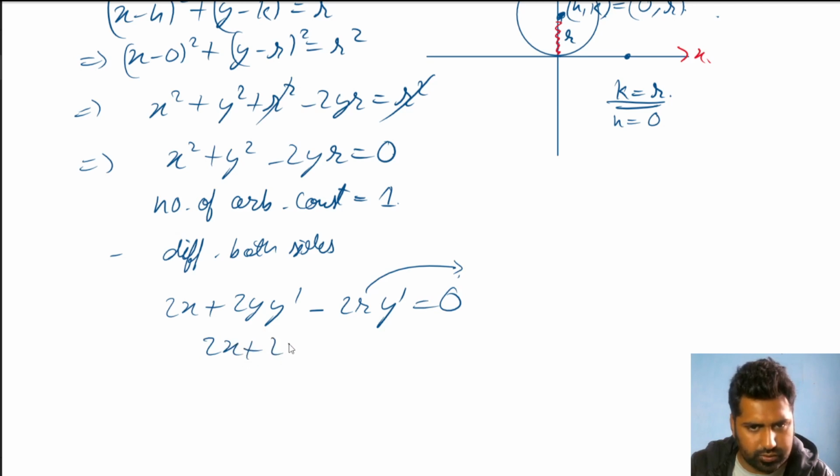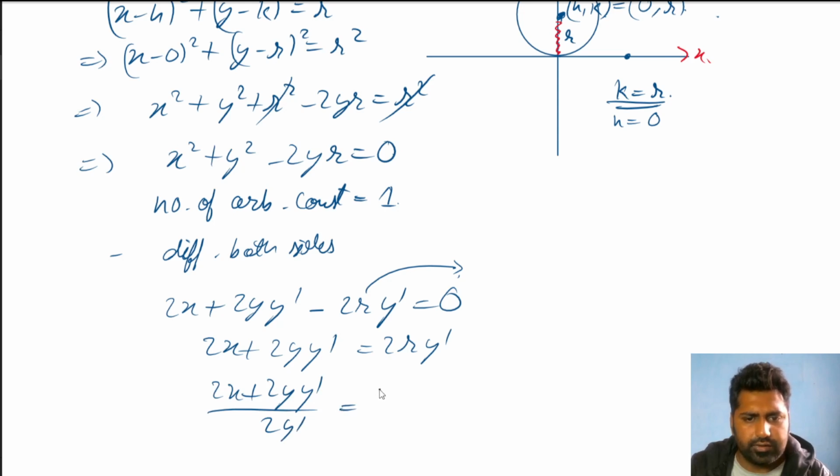Take this to the other side. This is 2x plus 2y y dash. Everything has 2 in it. 2y y dash is equal to 2r y dash. Get the y dash in the denominator. So (2x plus 2y y dash) upon 2y dash is equal to r. What we can do is cancel this 2 by taking it common. Now we put the value of r in this equation.